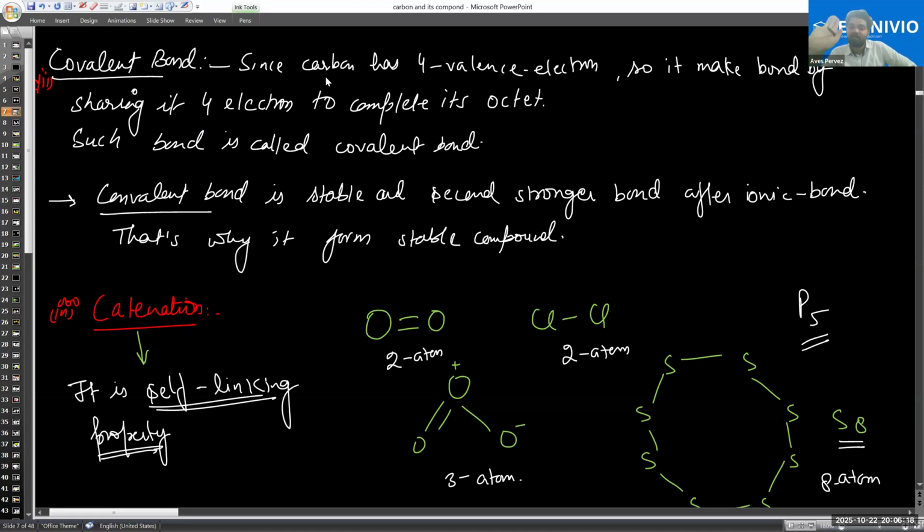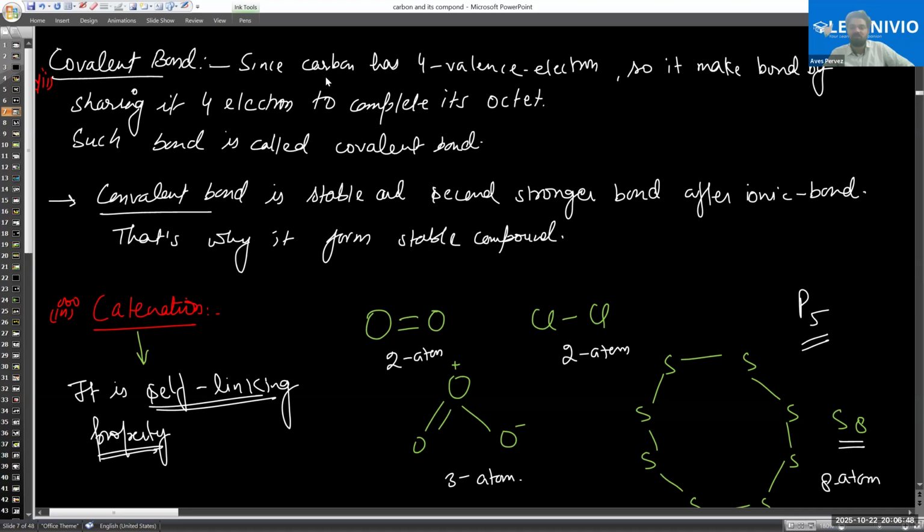No element other than carbon shows all the previous three properties at the same time. Other elements may be small but not tetravalent, or tetravalent but not small. If one has small size and tetravalency, it still does not make a strong covalent bond.